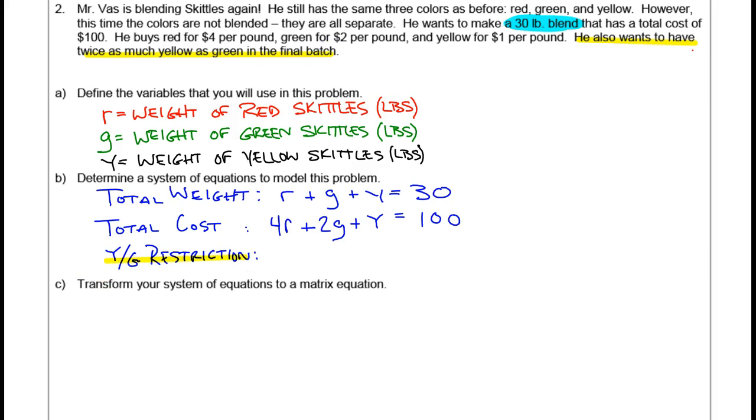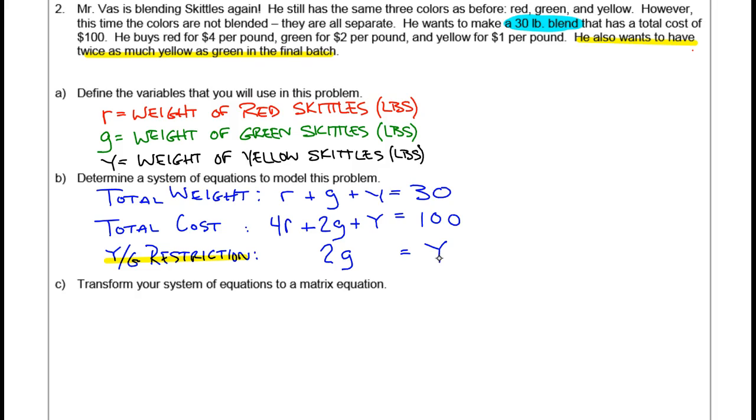It says, Mr. Vass also wants to have twice as much yellow as green in the final batch. So if he has twice as much yellow as green, that means he would need to double green to equal yellow. Okay, don't write that down just yet because I'm going to erase it, and I'll tell you why in a second.